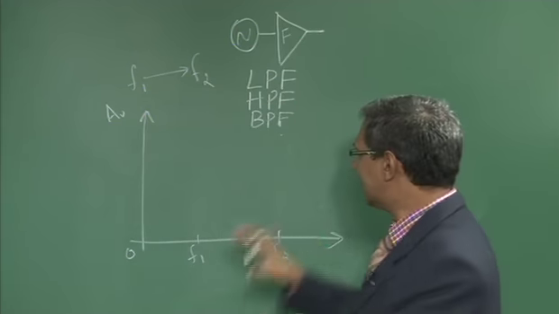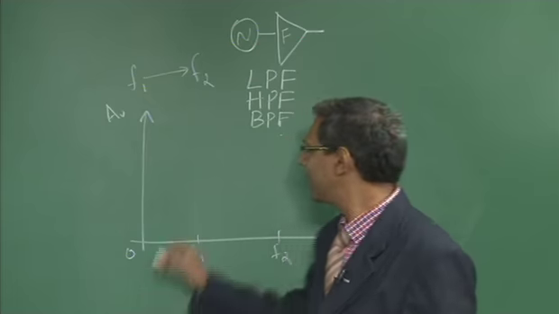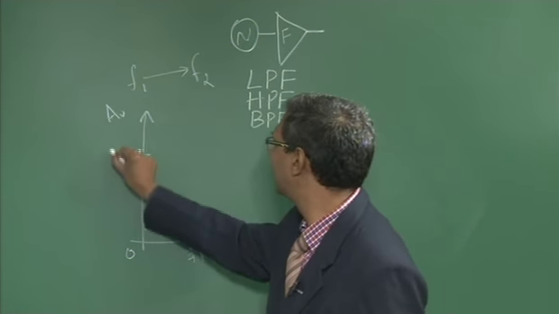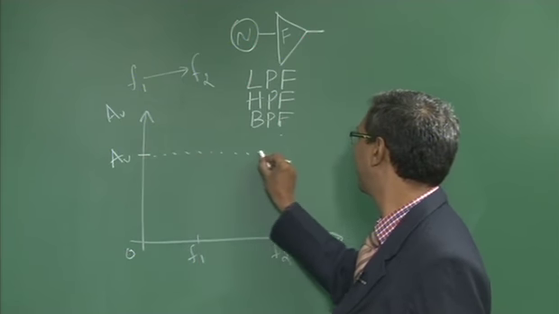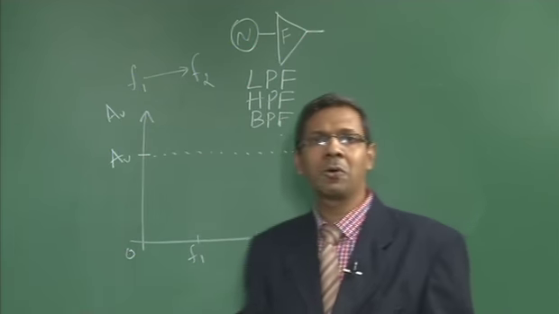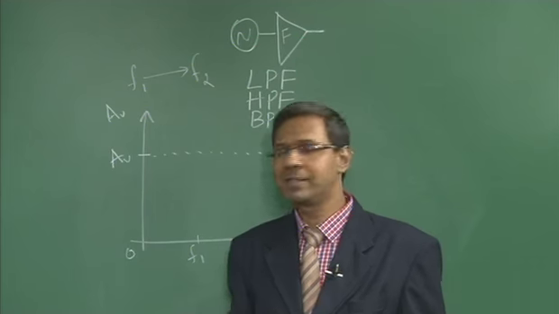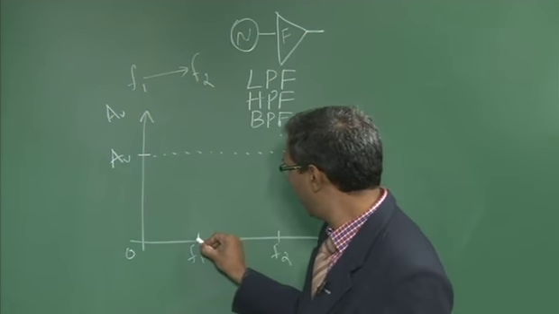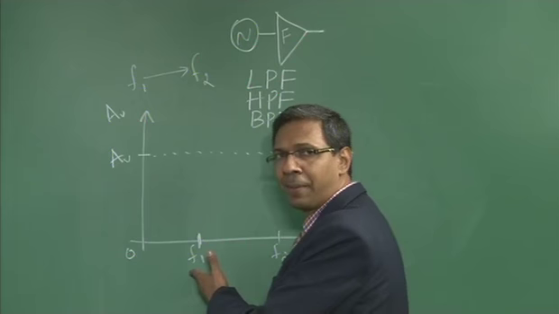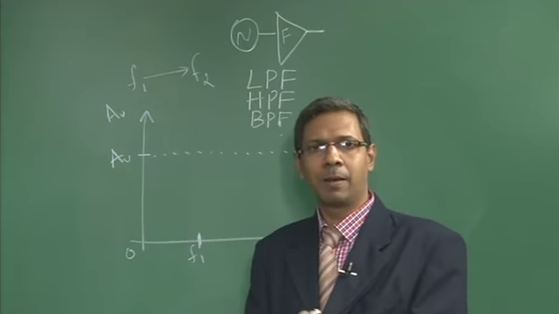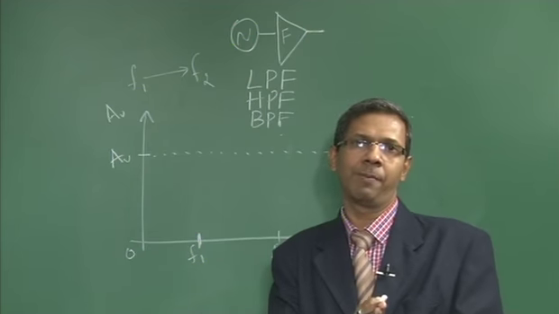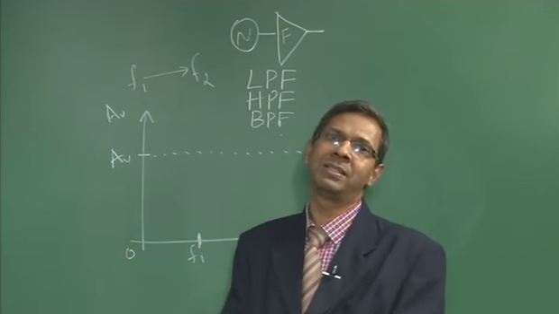Now what does that mean in terms of waveform? Let us assume that this is a gain that I am looking at, a certain gain which is constant. So let me draw this by dotted line. Now suppose I want to have a low pass filter, what does that mean? If the cutoff frequency is F1, then I should pass all the frequencies below f1 but block all the frequencies beyond f1.